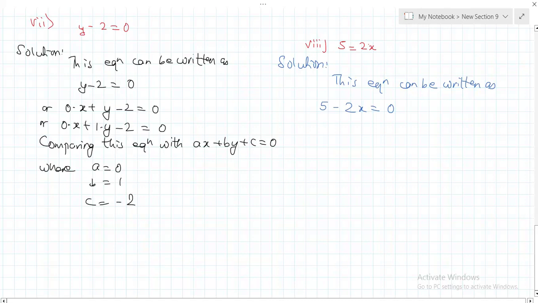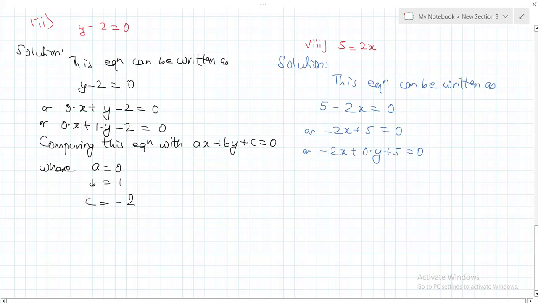Now bring x to the first position, so minus 2x plus 5 is equal to 0. Now make it like ax plus by plus c equal to 0, so minus 2x plus 0 into y plus 5 equal to 0.